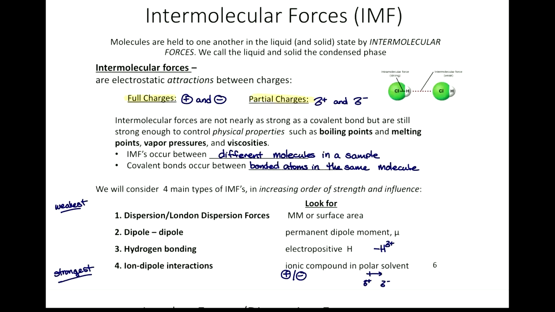But we can also have attractions between not full-blown charges, but partial charges as well. So remember the way we denote partial charge is with our little delta sign here. So you can have a partial positive and a partial negative attracted to one another too. It's a weaker attraction, but it's still an attraction nonetheless.